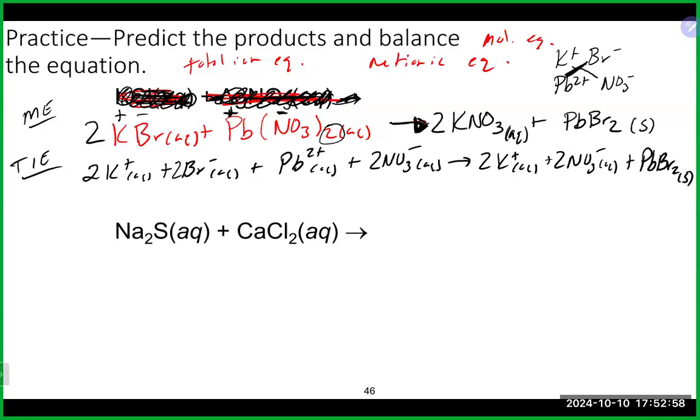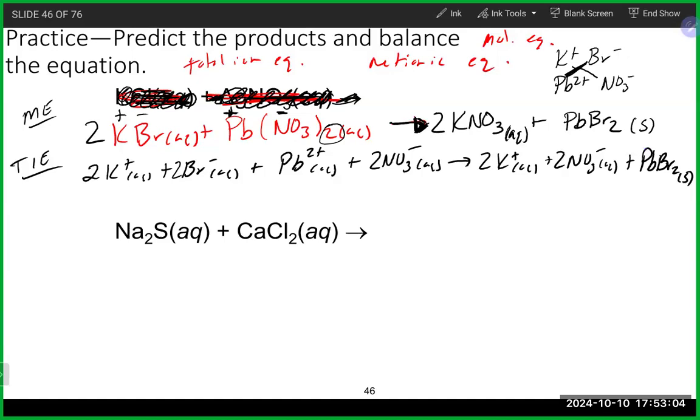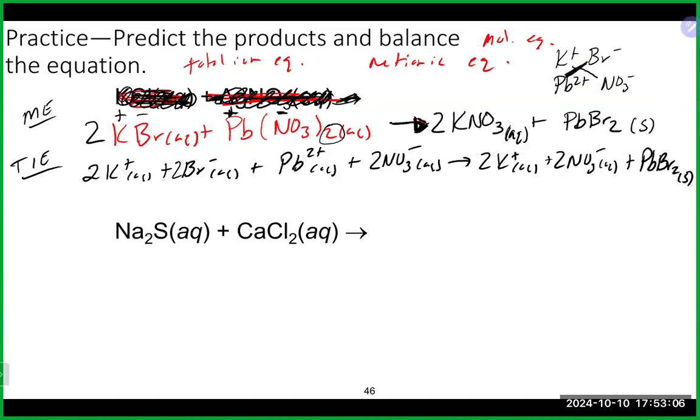Question on the total ionic equation, or complete ionic equation. Again, as we talked about, this is where we're going to find our spectator ions. So it looks like potassium on each side, and nitrate is exactly the same on each side. Those are going to be our spectator ions.